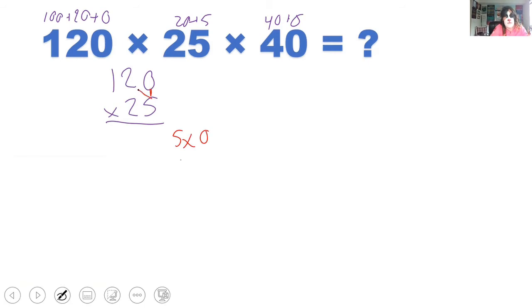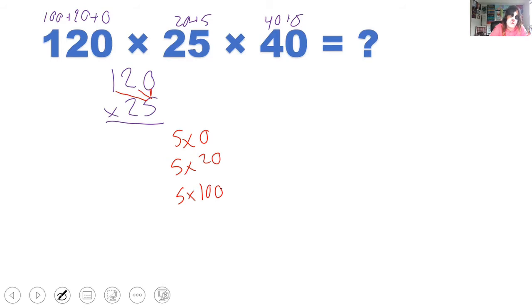I'm going to have 5 times 2, but that is not just a 2. That is a 20 because the 2 is in a tens place. Okay? And then 5 times the 1, but again, that 1 is not truly a 1. That is a 100. Okay?